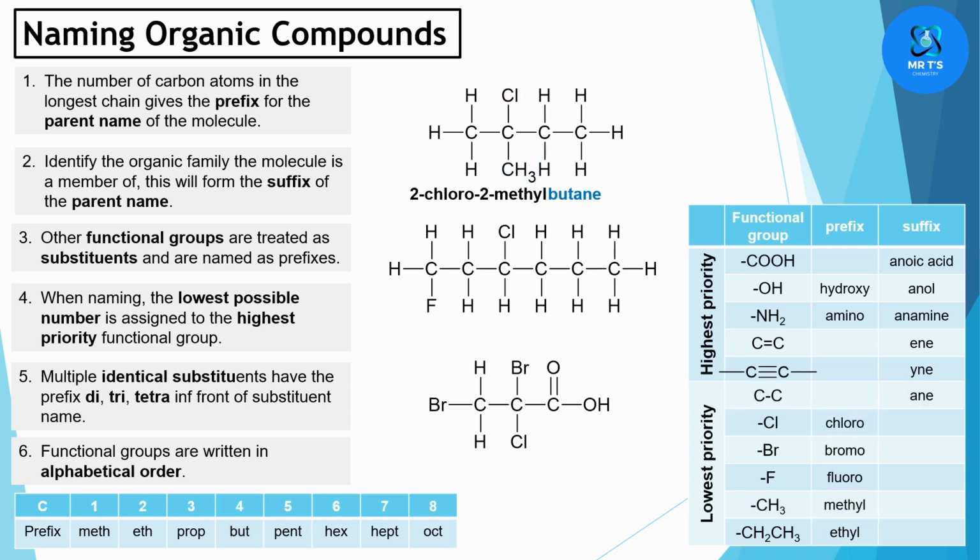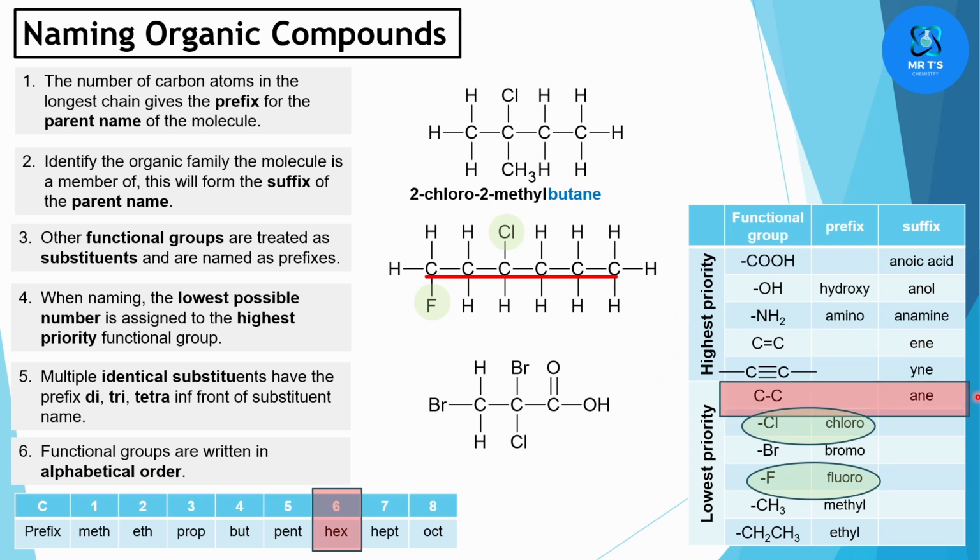Okay, so the next one here, let's have a look. We have 1, 2, 3, 4, 5, 6 carbons in a row, so this is going to be a hexane, and it has a fluoro and a chloro functional group. Because there are no other suffixes here, it's going to be called hexane as its parent name.